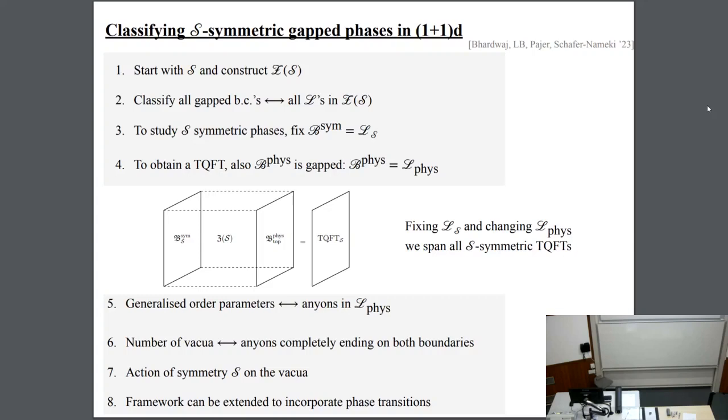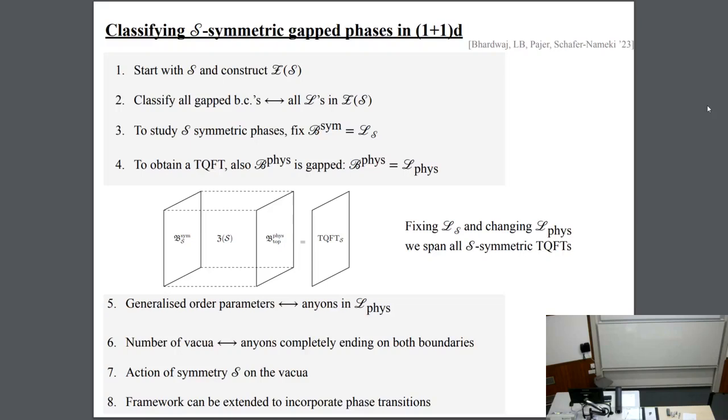And now the idea is that if I fix L_S, so I fix the symmetry boundary to be the one that gives me the symmetry that I want, and then I cycle through all the possible gapped boundary conditions for the physical boundary, this is going to span for me all the possible symmetric TQFTs that I can obtain. And this is a particularly useful framework because it allows us to obtain a lot of information about this gapped phase with symmetry.